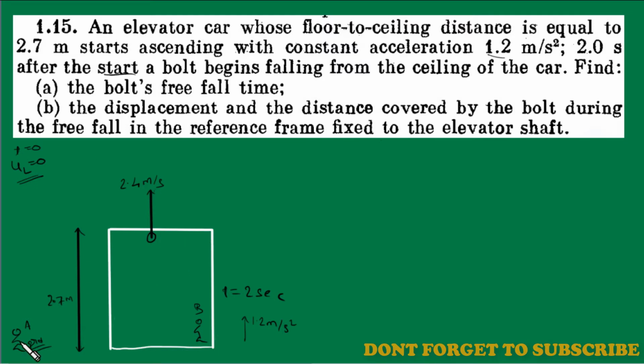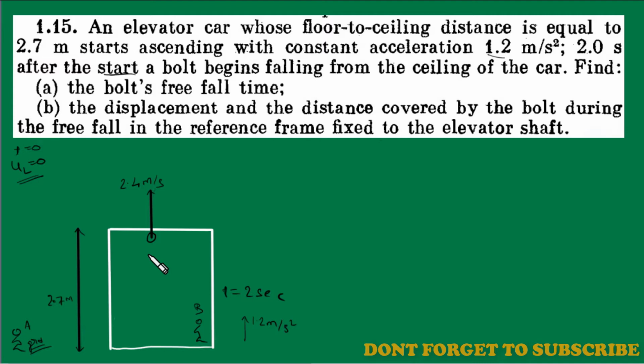Now from the ground frame, this person is observing that this bolt is having initially upward velocity, so obviously this bolt will go some upward distance, and as soon as it detaches from the lift, the only force acting on this bolt is mg, right?